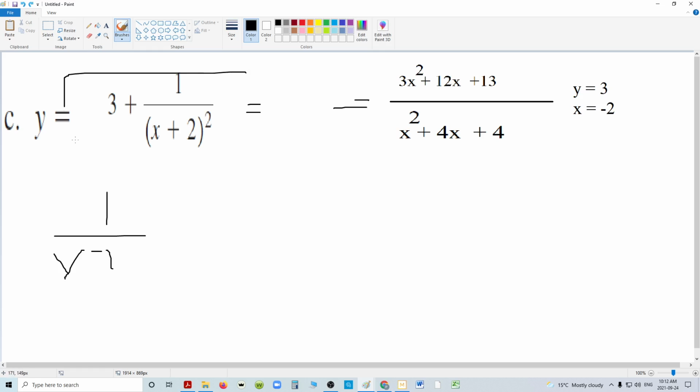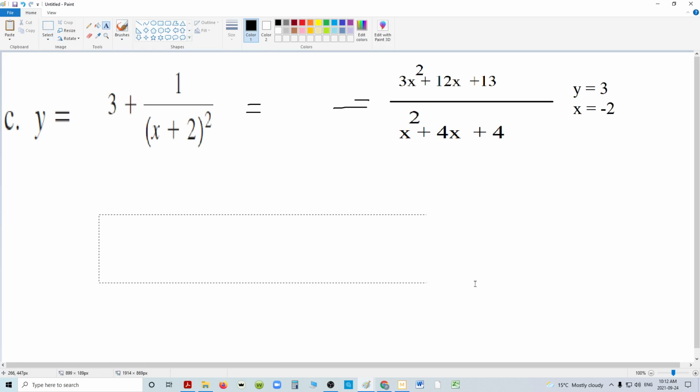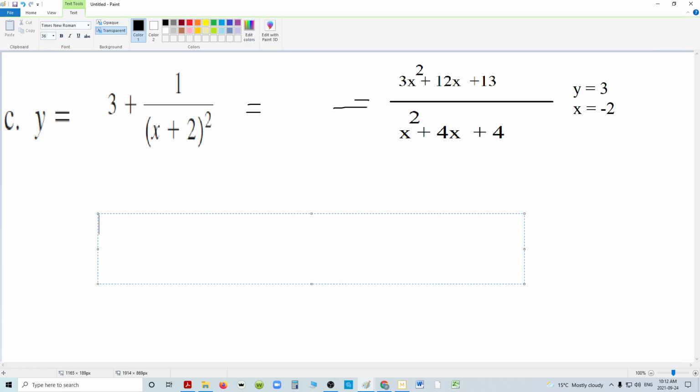So when does this cross the x-intercept? When y is 0. When you bring the 3 over there, it's when this whole thing is equal to minus 3. When you expand it, and I'm just going to keep the original formula, you get minus 3x squared minus 12x minus 3 is equal to 1.